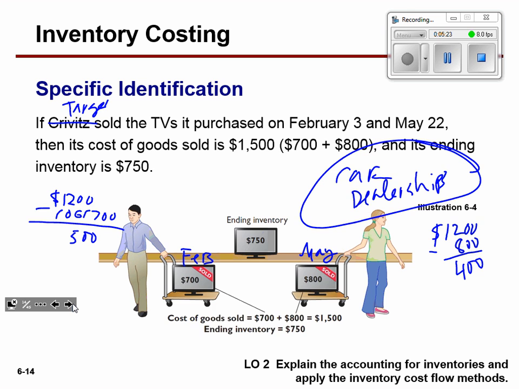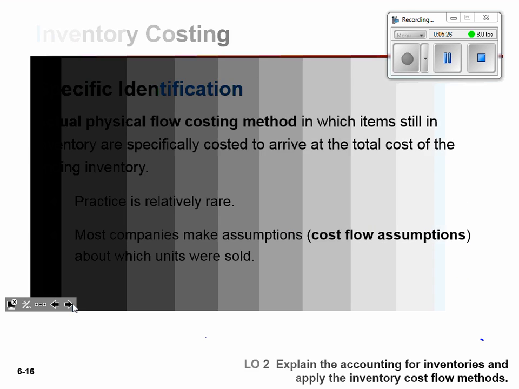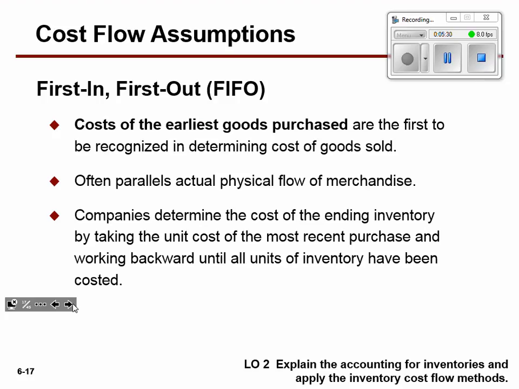So let's get into FIFO. I'm going to talk about FIFO first, and then I think the video will make more sense. I can't stress enough, and maybe I'm putting more pressure on myself than I should to get this right for you guys, but don't think of it as the stuff. Think of it as the cost of the stuff. Because going back to the TV example, it was $700 and $750 and $800. They're selling those TVs for $1,200 apiece.